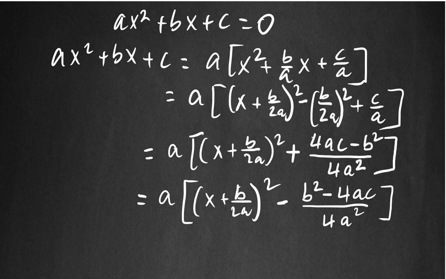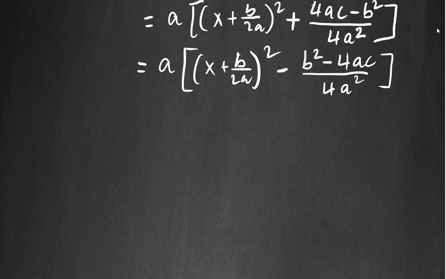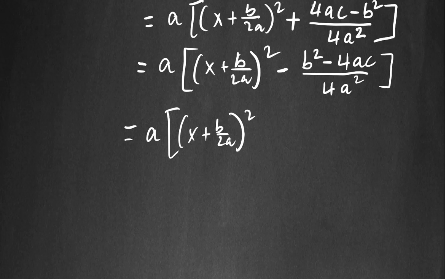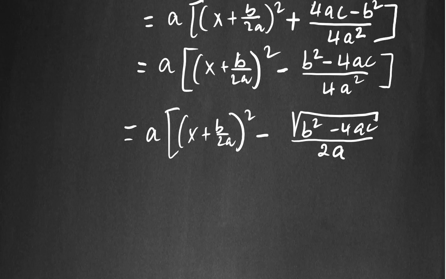Okay, so what we can say here is this is equal to a factor x plus b over 2a squared minus the square root of all this part. That means square root of b squared minus 4ac over 2a, because the square root of 4a squared is 2a.